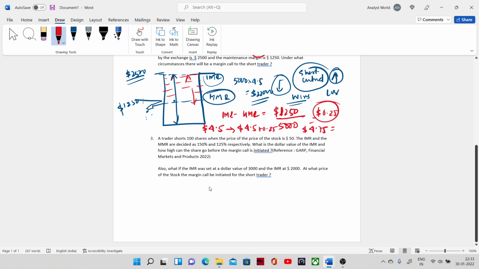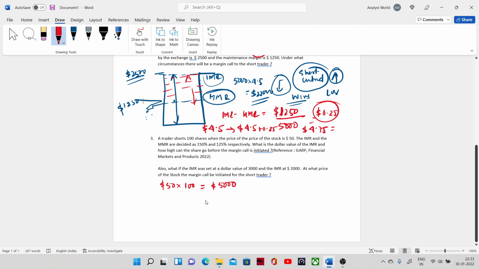As I said, I've taken a direct reference from Garb's book. A trader shorts 100 shares when the price of the stock is around 50. So he has shorted 100 shares, which is 50 into 100, so that comes out to be 5,000. So this much worth of shares has been shorted.